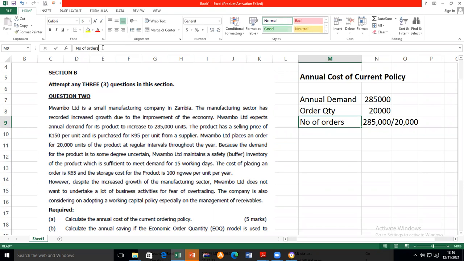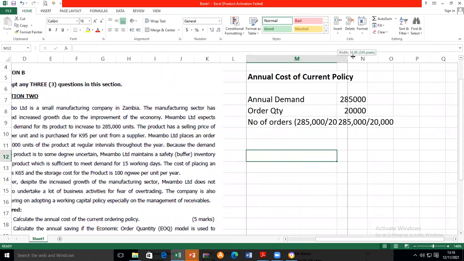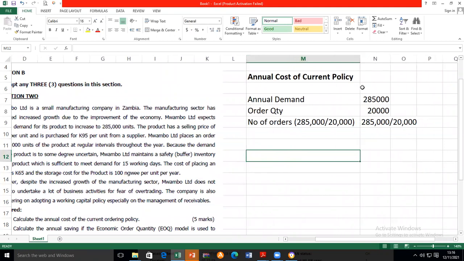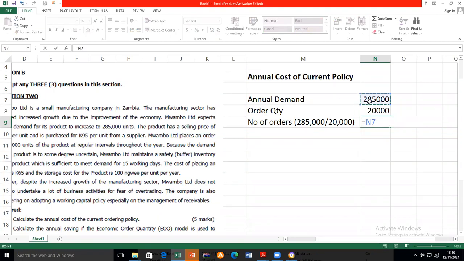Okay, I'll put it here. 285 divided by 20,000. Right, so that's the number of orders there.